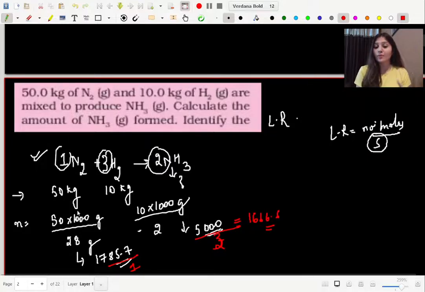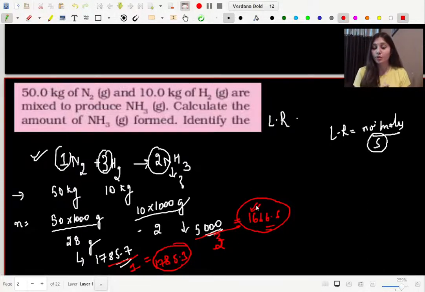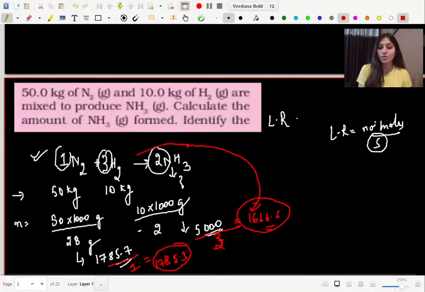So now I have to compare these two numbers, this number and 1785 divided by 1 is 1, right? Out of these two, I can see this is my smaller number, and now I know that my H2 or dihydrogen is my limiting reagent. So the dihydrogen is going to determine the amount of product which is formed.